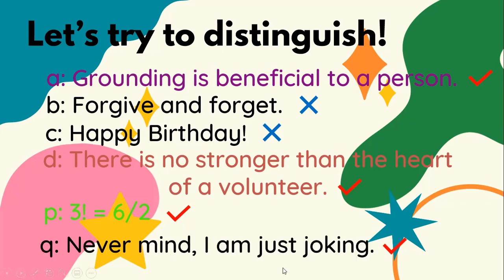Never mind, I am just joking. First, is this a declarative? Yes, it's a check. But then again, it's hard to establish the truthfulness or falsity of this proposition. Why? Because it says never mind, but then it says I am just joking.